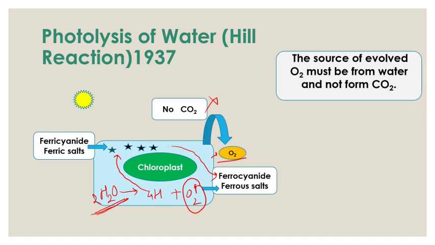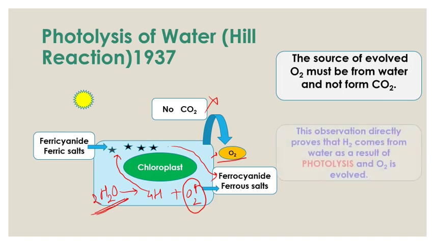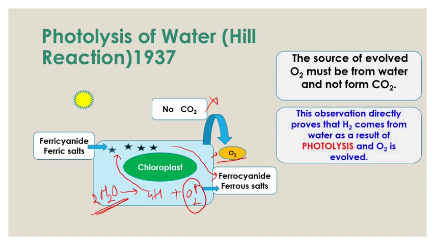I hope you have also followed that water is splitting up to give out oxygen, and the electrons released from this split water are accepted by the ferric salts to form ferrous salts. This observation directly proves that the electrons coming from water are added to the ferric salts to convert them to ferrous salts, and because of the breakdown of water in the presence of sunlight, oxygen gas is evolved.